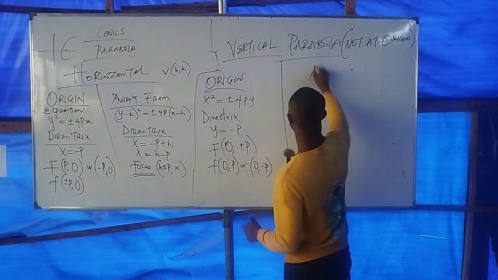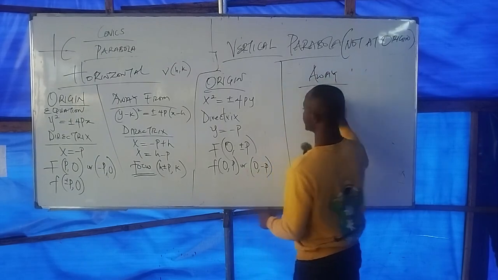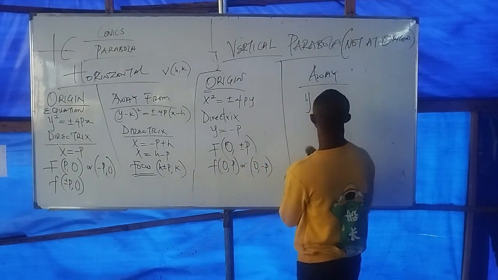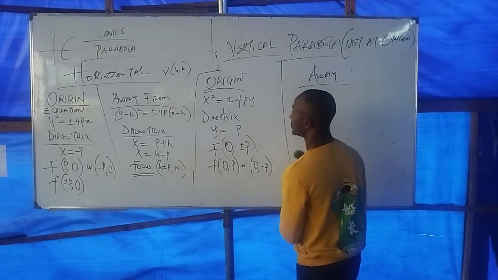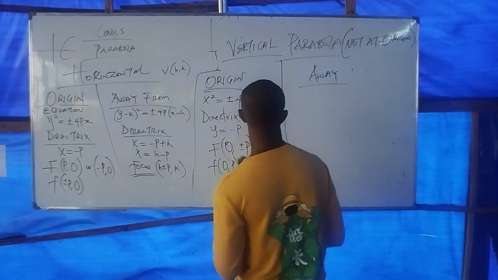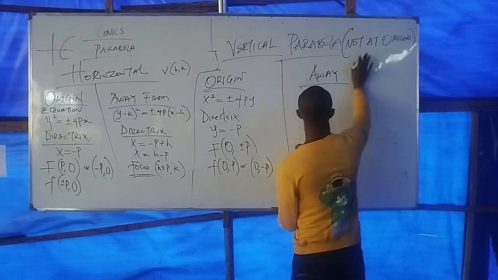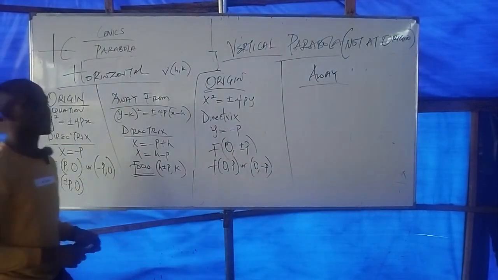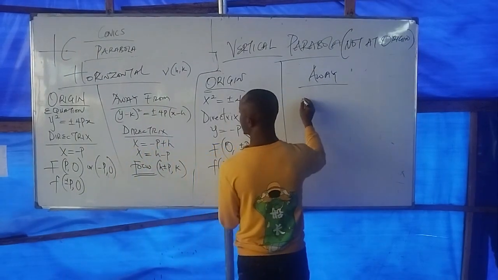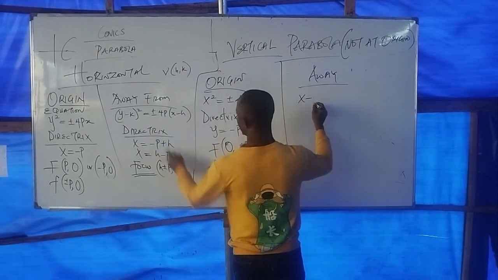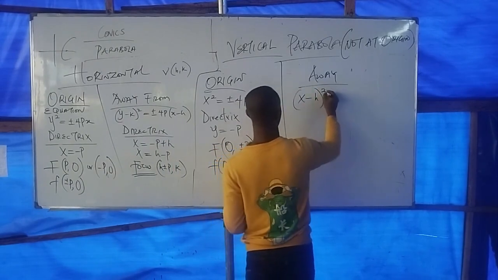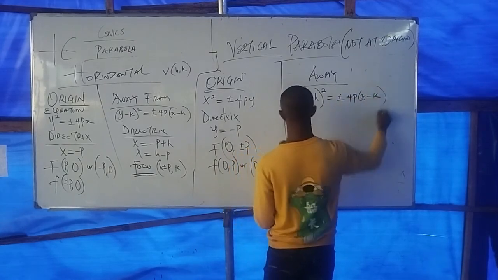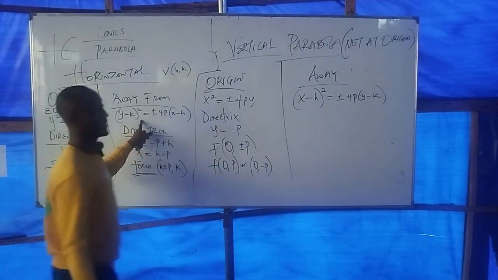This is at the origin. Then for away from the origin, when the parabola is vertical, we are squaring x, right? So here becomes (x minus h) all squared equals plus or minus 4p(y minus k), which is the reverse of the horizontal one.